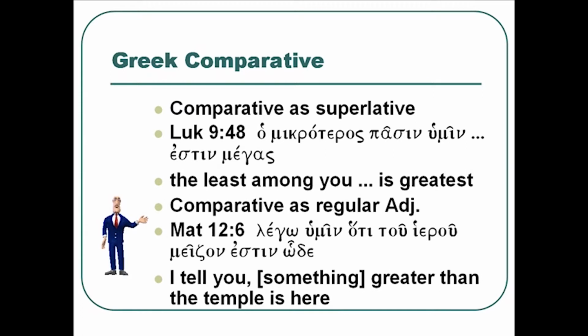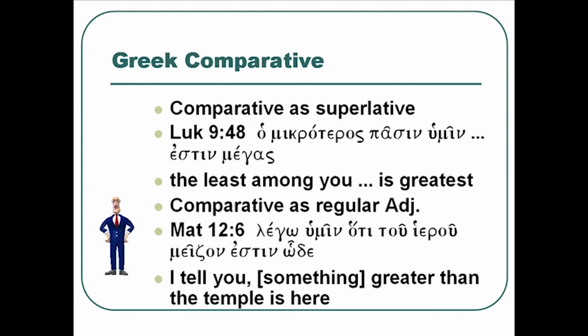So I say to you that one greater, meizon, one greater than the temple, is here. Estin hode is here. So the meizon here is taken almost like an adjective that's used almost substantively, as the great one, one greater than the temple. Still has a comparative sense to it, but is used almost like an adjective here.